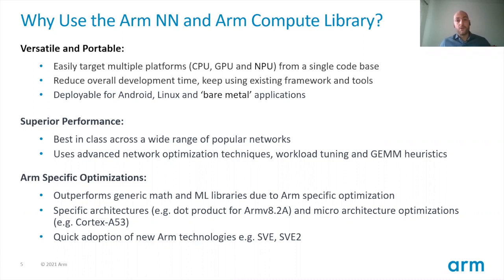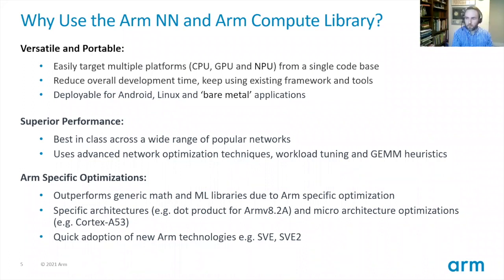And you have the local workgroup size, which defines how many work items must be executed on the same GPU core. This has an impact, of course, on the efficiency of how we access the elements in memory, and that is the reason why the OpenCL tuner file has such a performance benefit for ArmNN and ACL.